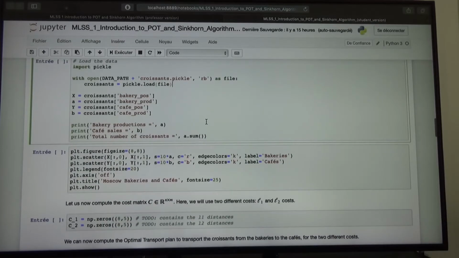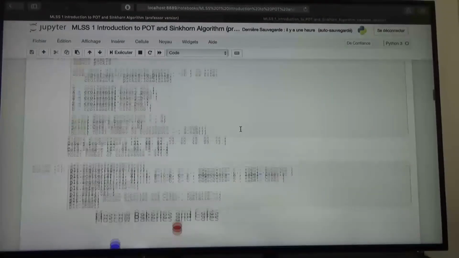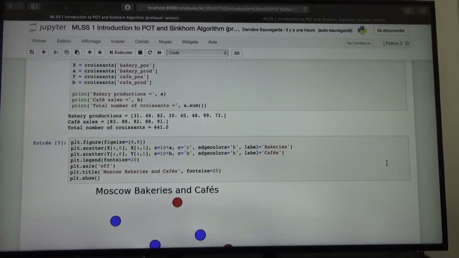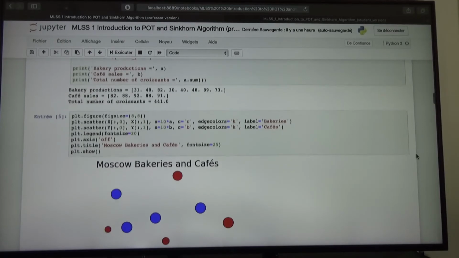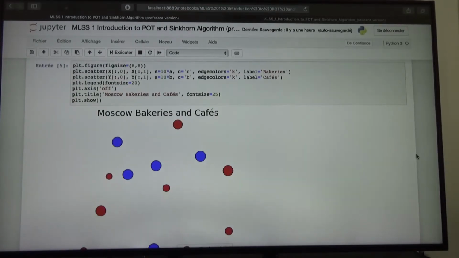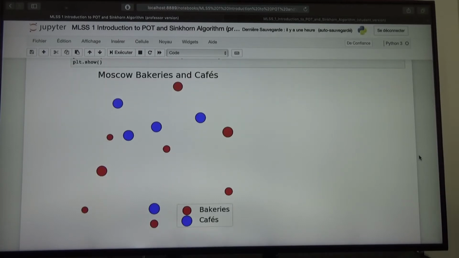And we can actually display those productions. So we see that we have 8 different bakeries and 5 cafés, and a total number of croissants being 441. And if we display the bakeries and the cafés, so a bakery and a café is just a point in R2, if we display them, we get something like this.